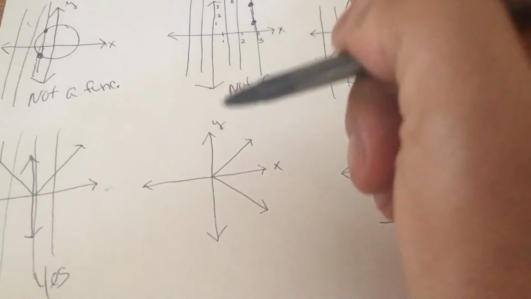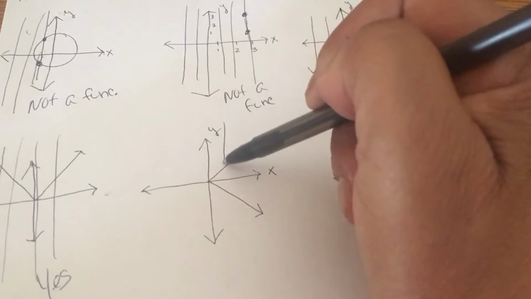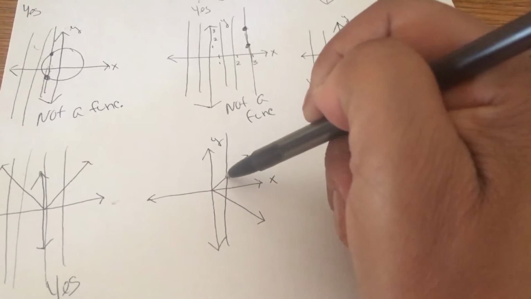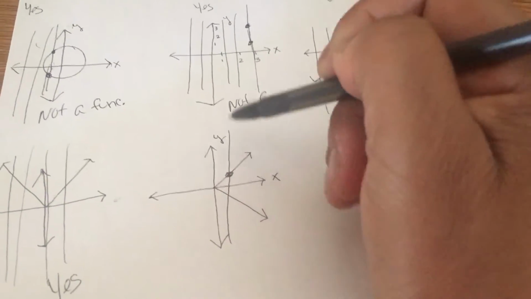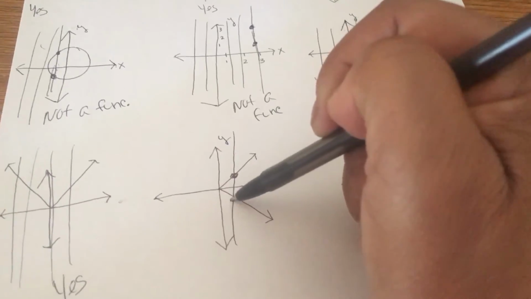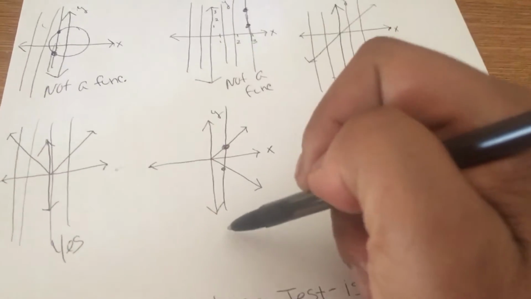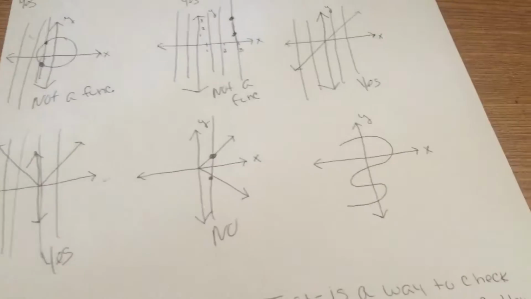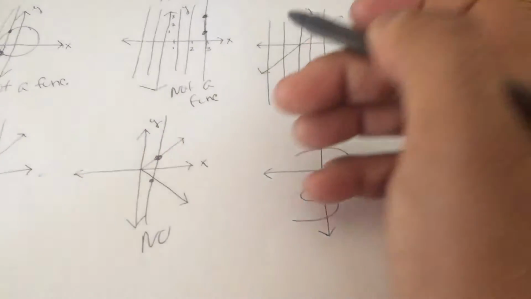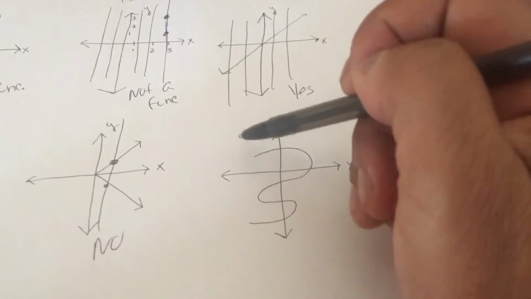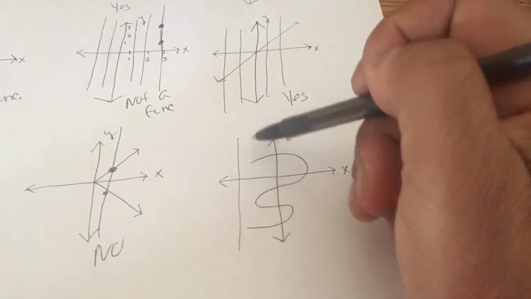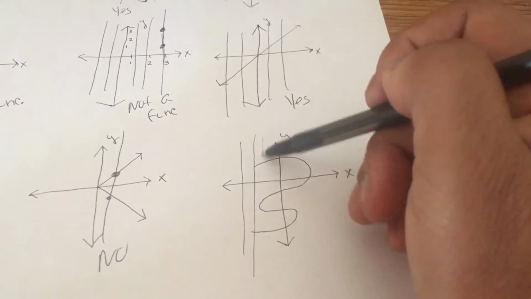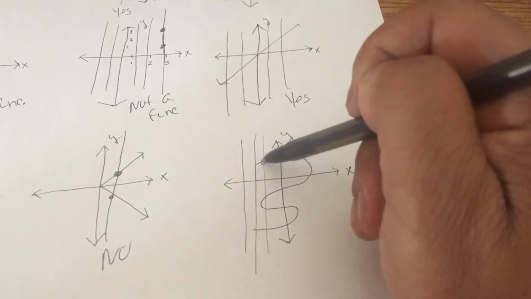Let's look at our next graph. This is not a function. It touches the graph at a point here and a point here. No, it is not a function. All right, let's look at this graph. Let's draw a vertical line. It hits a point here.